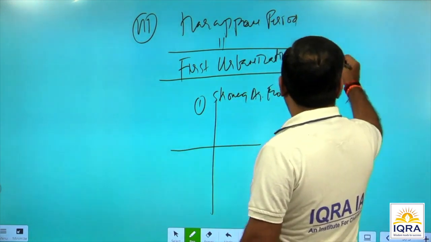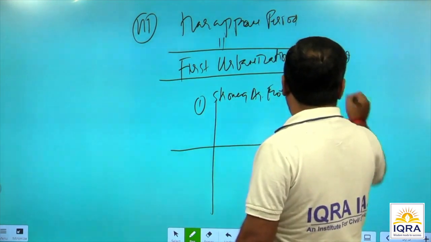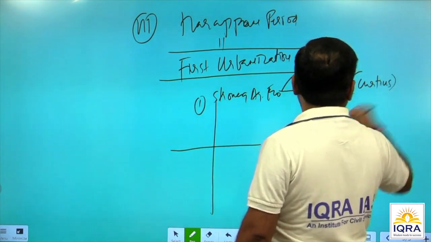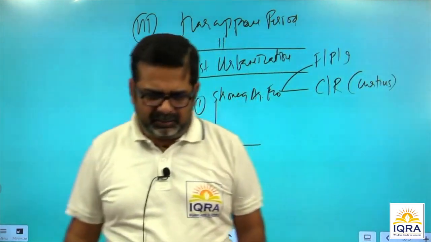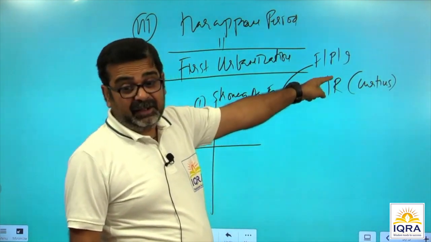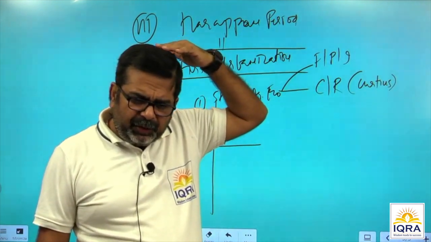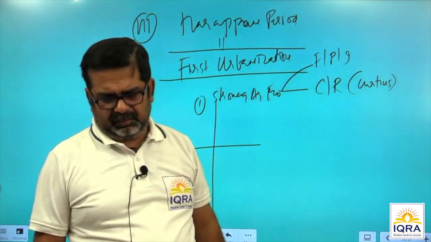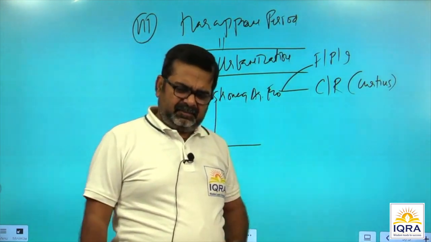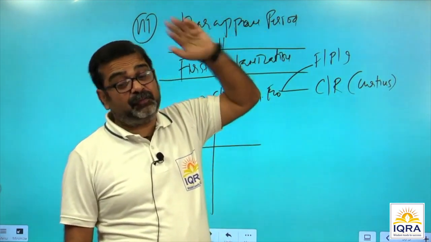Fertile plains of river Indus, convectional rainfall, according to Curtius. Who is this Curtius? The Greek historian. Curtius says that this area was the area of dense forest. Nowadays, if you see this area, what is the rainfall? 15 centimeter, 20 centimeter. But Curtius says that this entire area was the area of a dense forest.